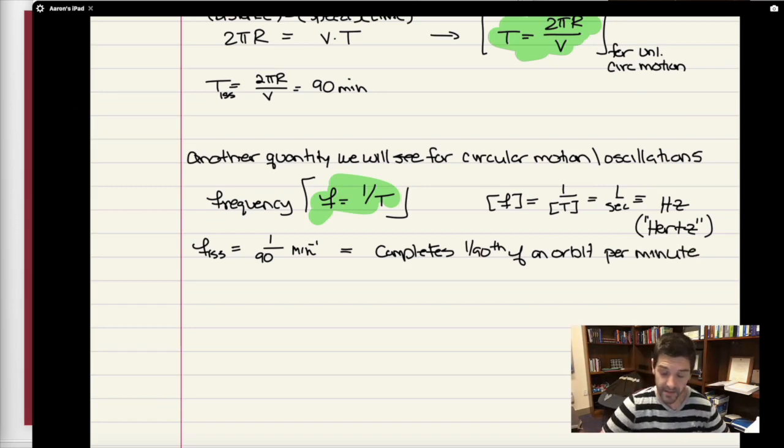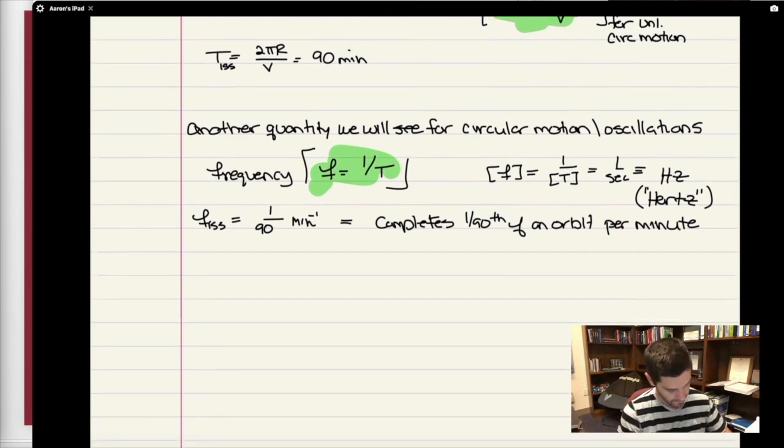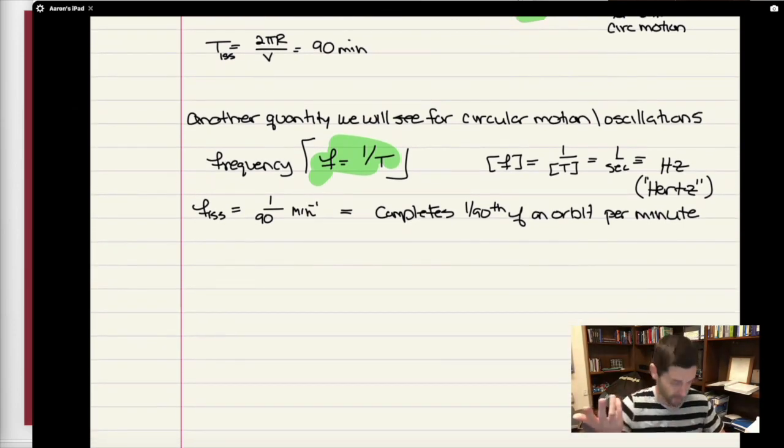Which, again, makes sense. In 90 minutes, it is a full orbit. So in one minute, it accomplishes 1/90th of that. Frequency, period, they're essentially saying the same thing. But one or the other makes more sense depending on the context. We will see it when we do oscillations.